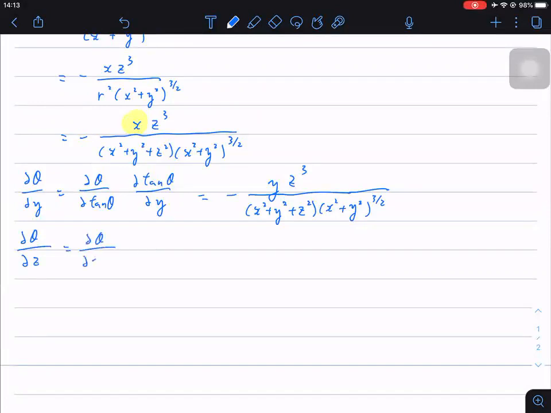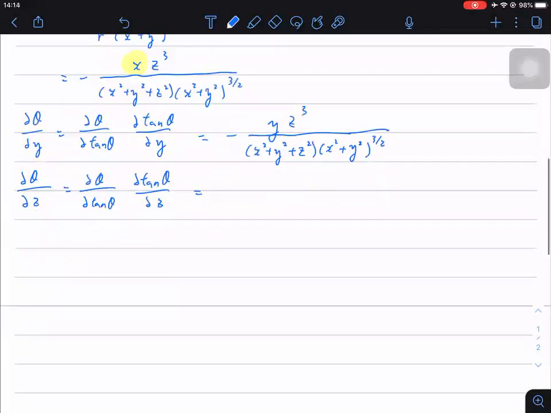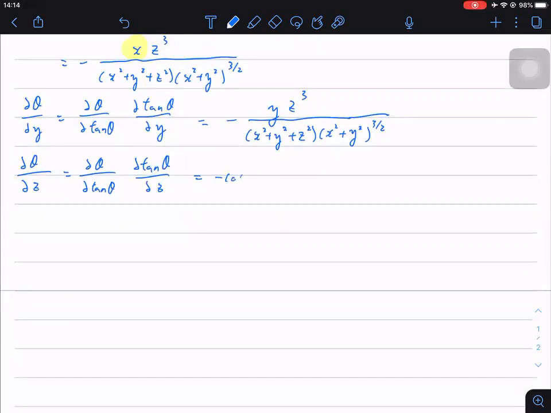Okay, so for the next term, again, we have to do the chain rule. And this time, the latter part, the derivative, is much easier. So we have minus cosine squared theta here. Oh, no minus sign here. And also 1 over square root of x squared plus y squared for the latter part.